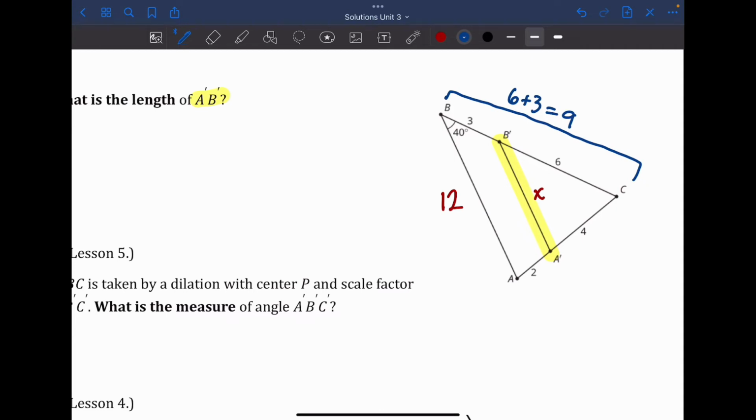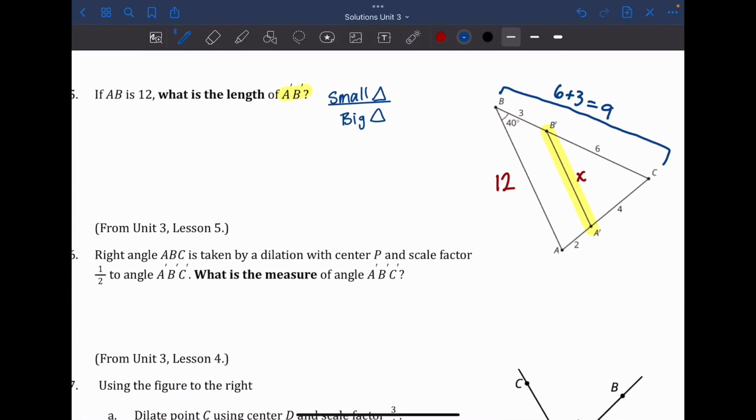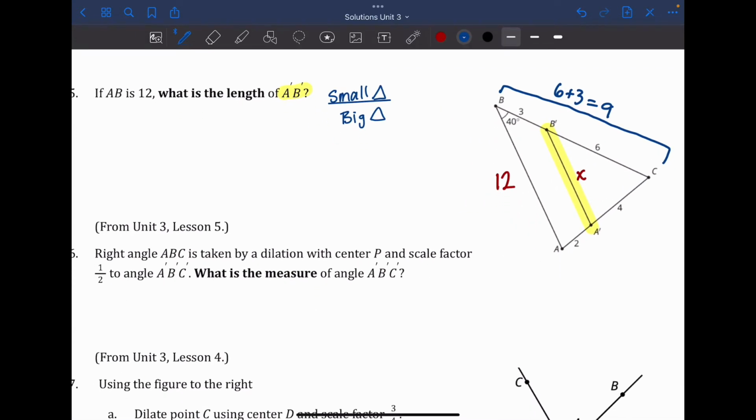So the pattern of my equation that I'm going to set up here is something from my small triangle over something from my big triangle, and just making sure that I'm using corresponding parts, then I am going to be setting up the 6 and the 9 as the small and the larger parts, and then using x and 12.